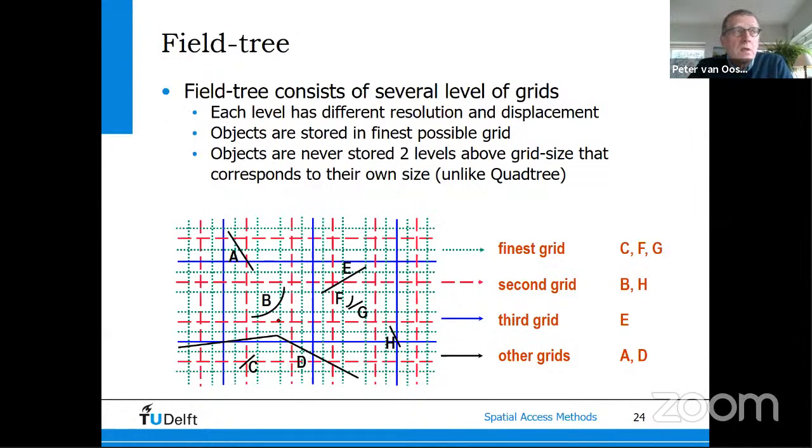The reason is, if you would be crossing a line of an important top-level grid, like a top-level splitter in the Quadtree, then you can never get off such a grid line. And by shifting the grids, maybe on another level, you can be included in the cell completely. So this is the thinking.